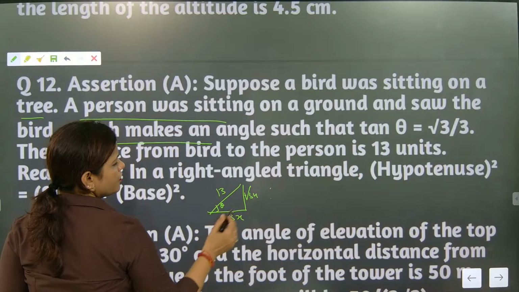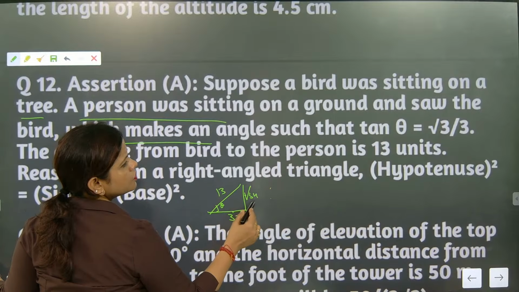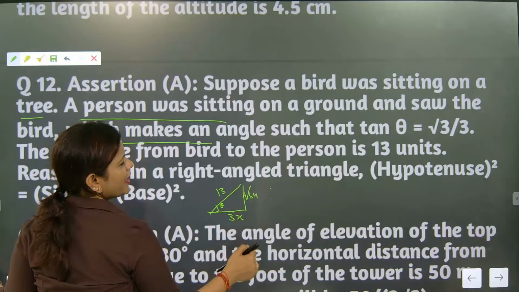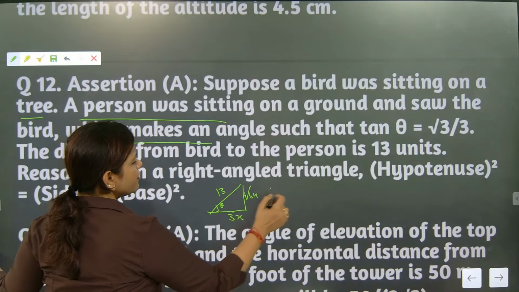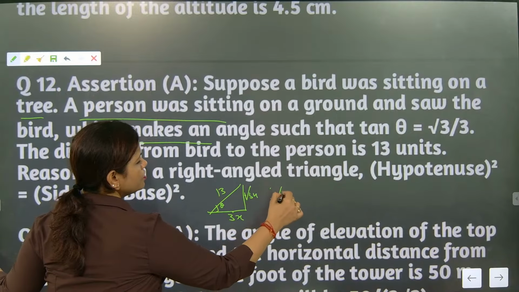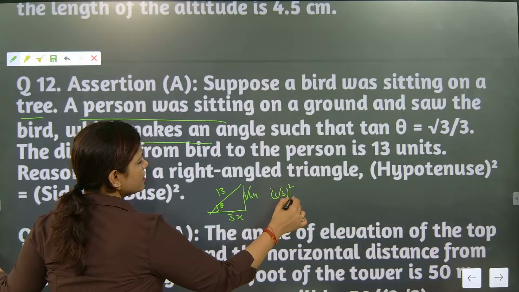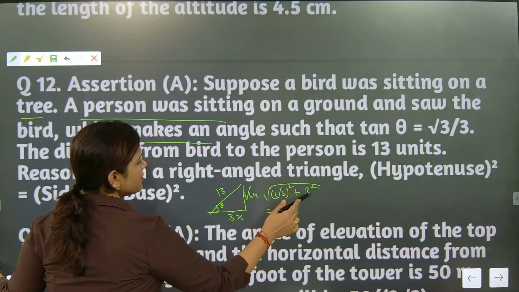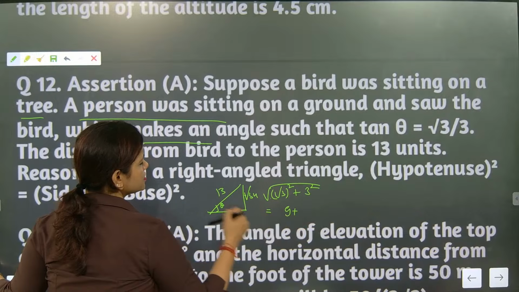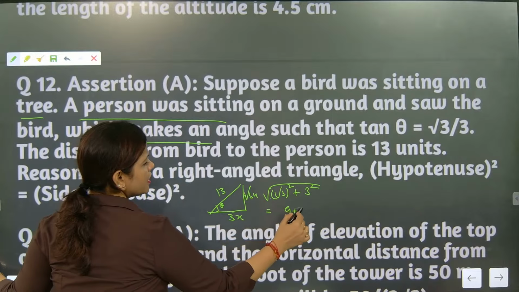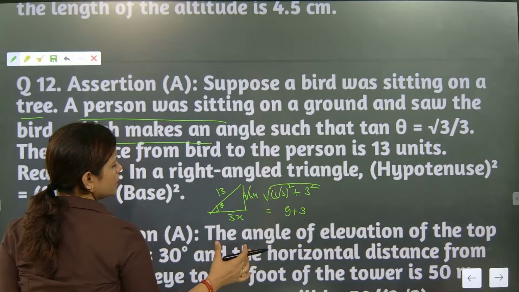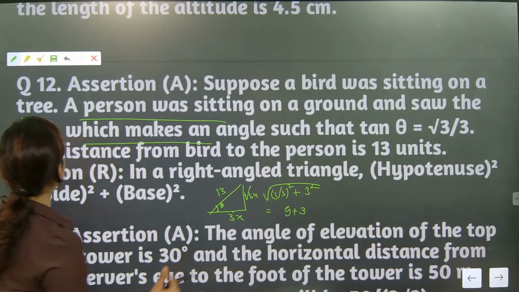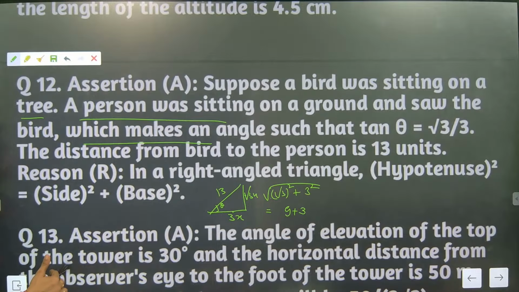So we need to find the hypotenuse using the perpendicular and base: root 3 square plus 3 square. That means it is coming as how much? 9 plus 3, 12 is coming. The distance from the bird to the person is 30 units.